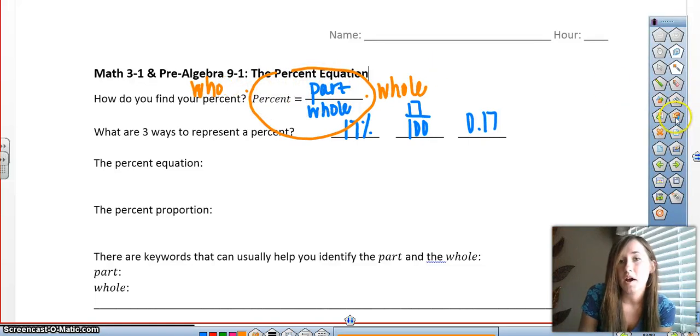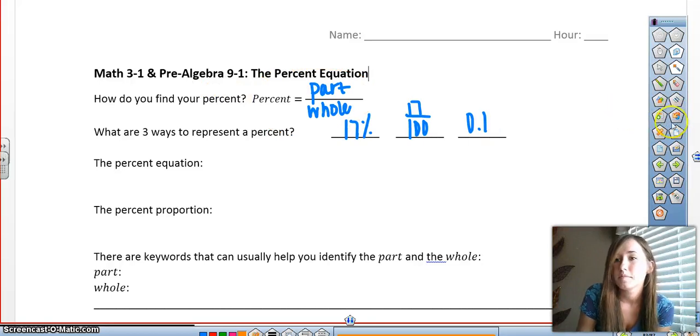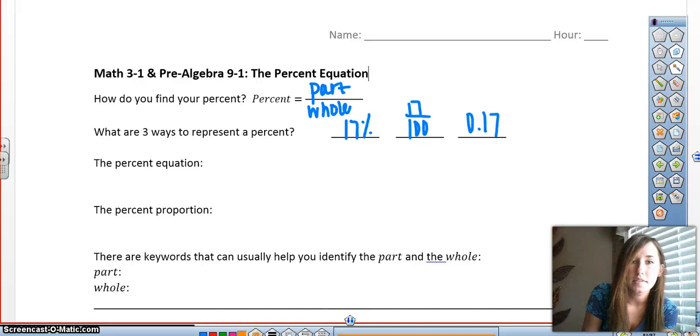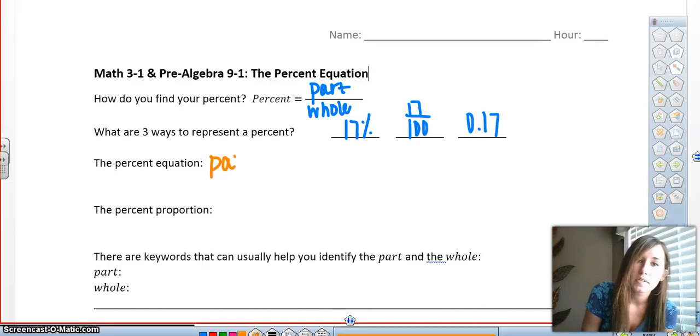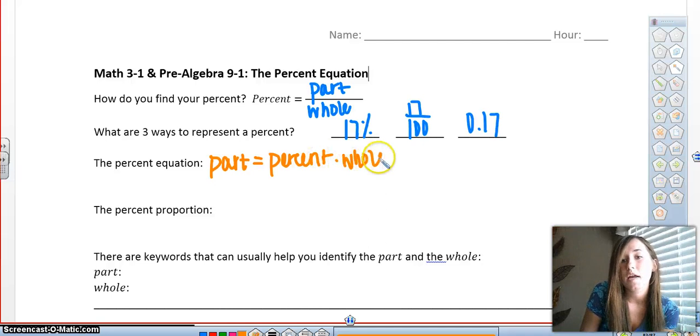And that's where we get our percent equation. The percent equation says that the part equals the percent times the whole. Using this equation can help us solve a lot of percent-related questions.